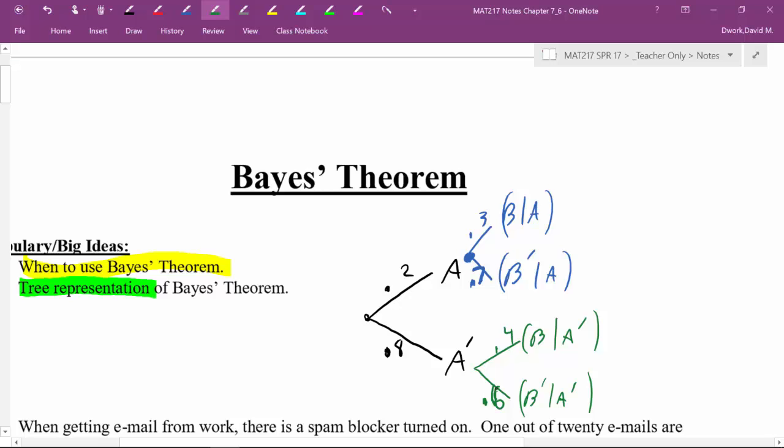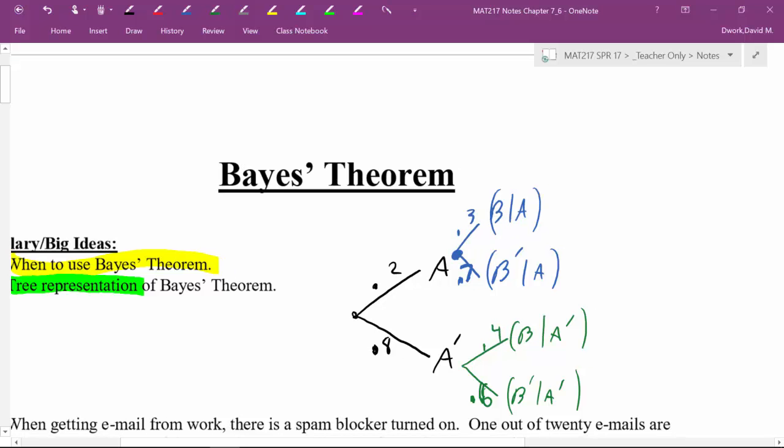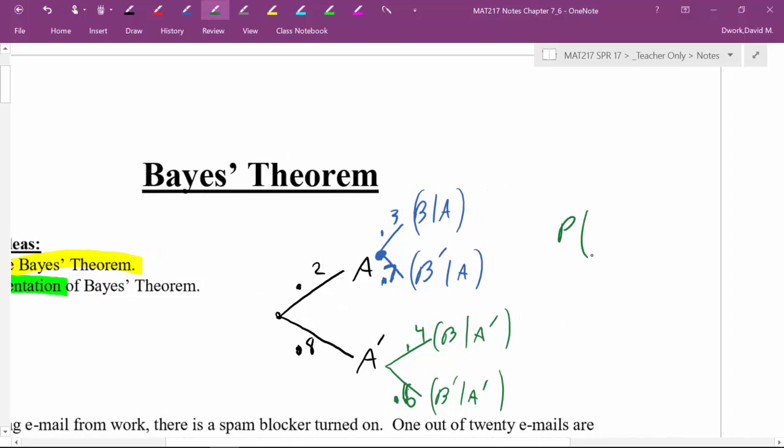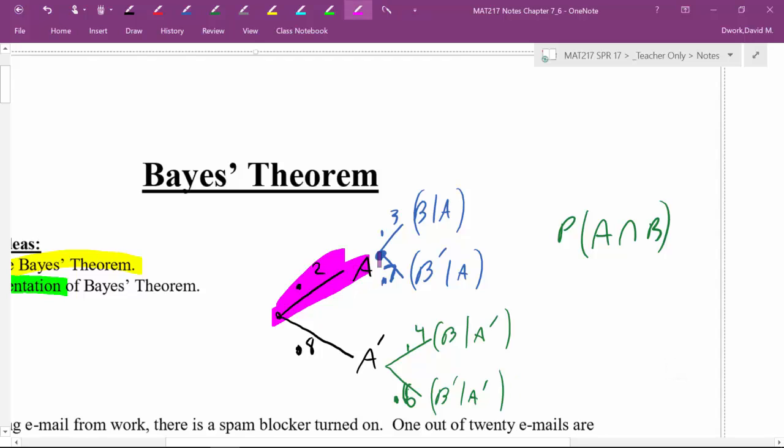Now, the traditional conditional probability, like for example what we did in the last section: what's the probability of A and B occurring? Well, do you see we'd be looking just down a branch? We'd be saying, okay, probability of A would be me going down this branch. Then the probability of B happening would be finishing off going down this branch.